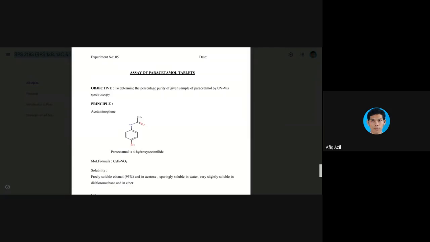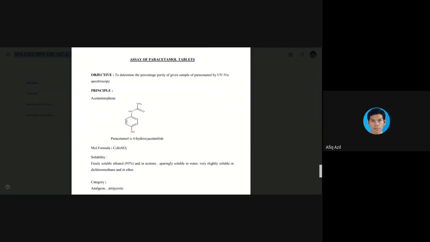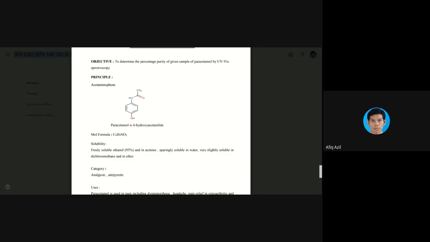Depends on which pharmacopoeia you are referring to. And they will have this allowable range, in which, let's say, if it is within 98 to 100.5%, that would be considered the passing value. So if it is lower or more than that, we would say the tablet, the PCM tablet, has failed the assay test. Okay.